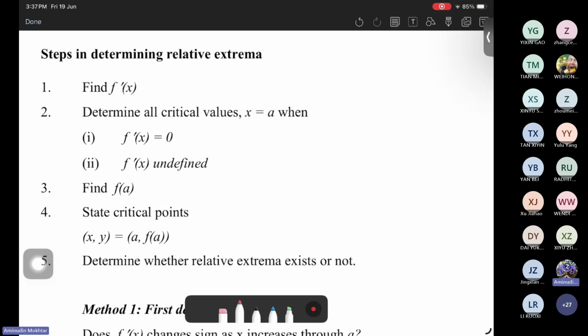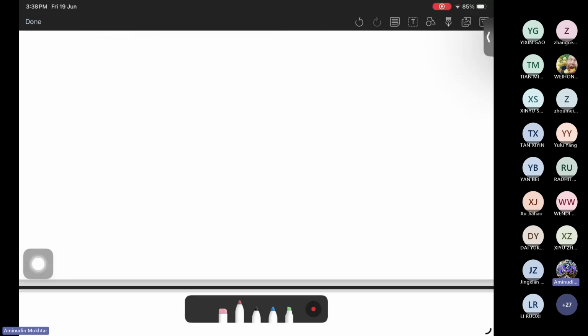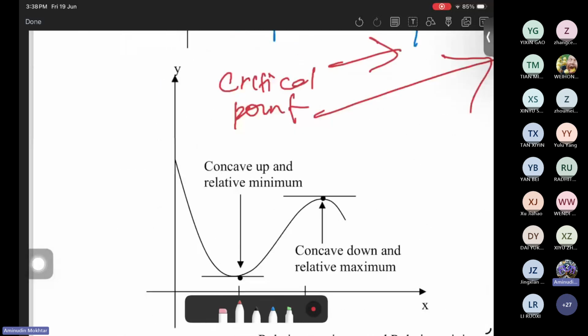By only using this step, we can conclude whether the function is at a maximum or minimum. I will show you one by one in the next example. But please remember these two situations here.